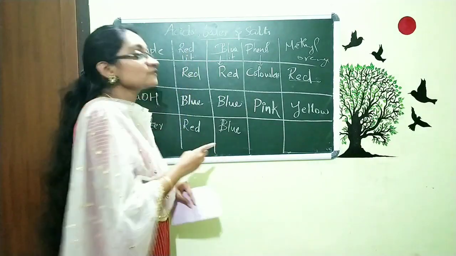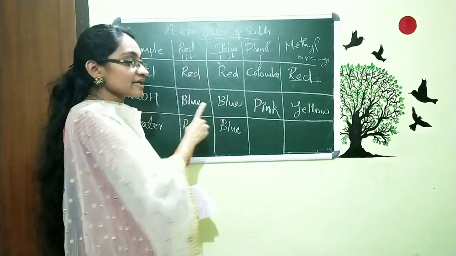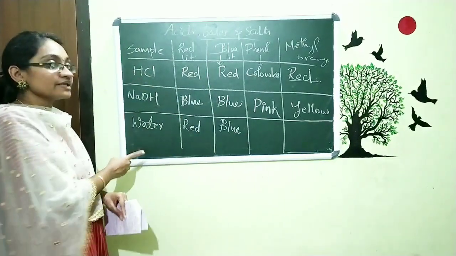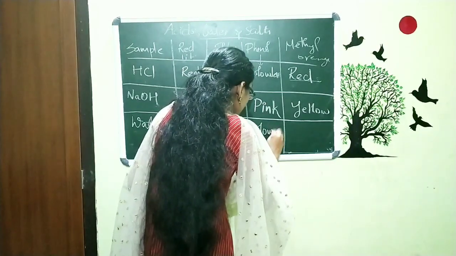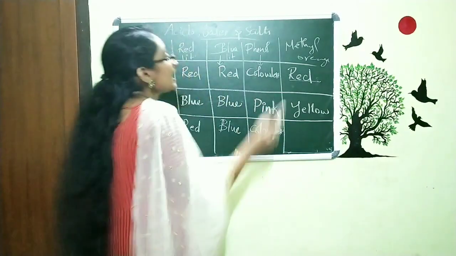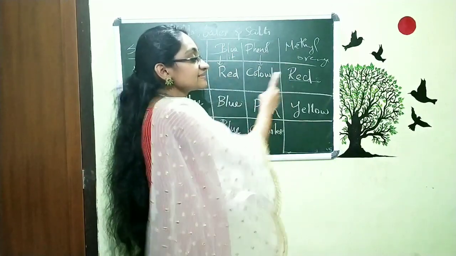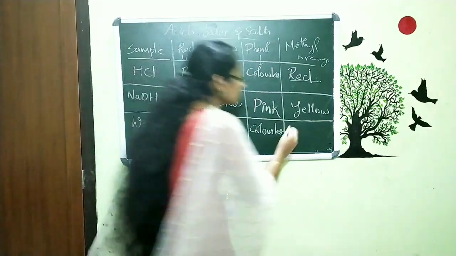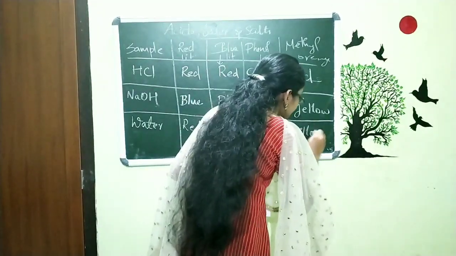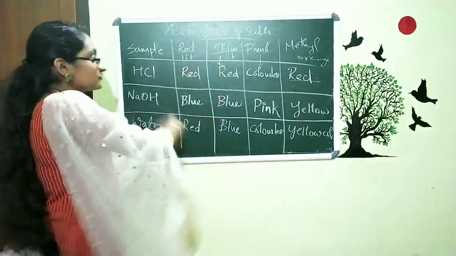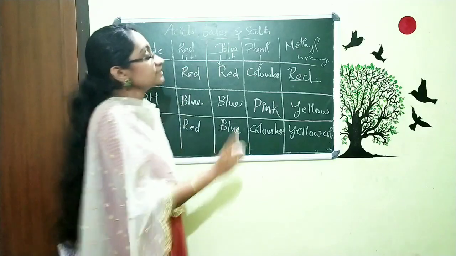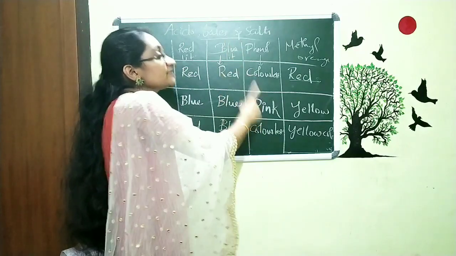Phenolphthalein is generally colorless, and for water it is again colorless. And methyl orange is generally yellow, and for water also it is yellow.